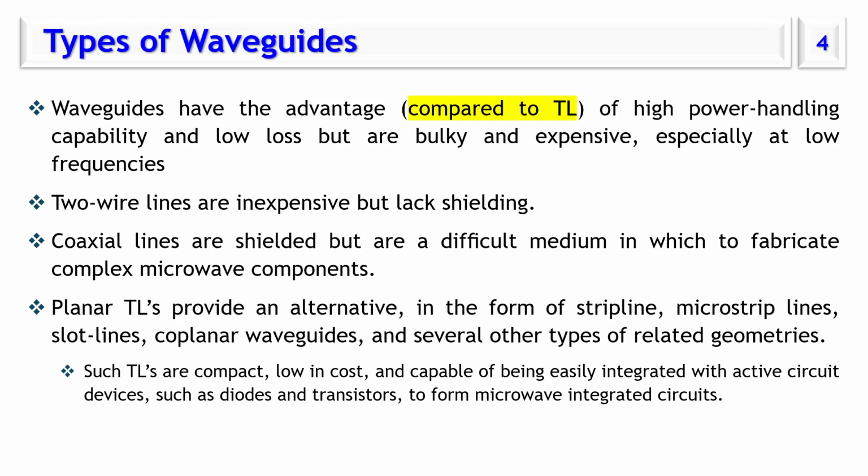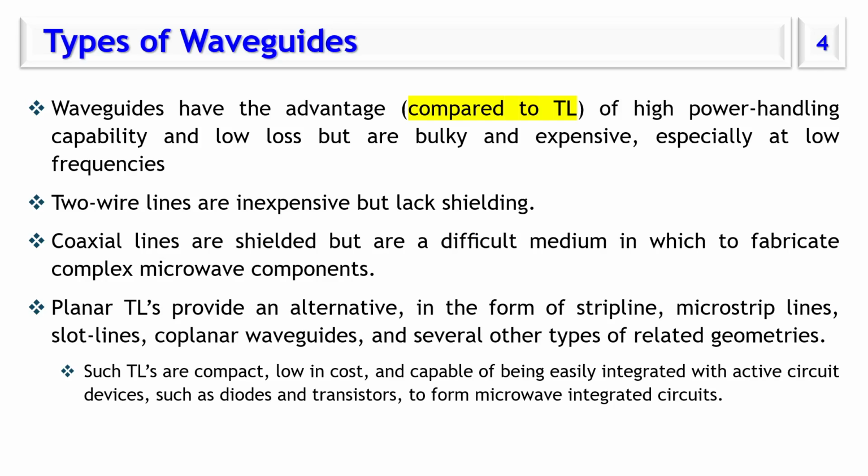For example, the coaxial line is shielded, but it's a difficult medium to fabricate complex microwave components.